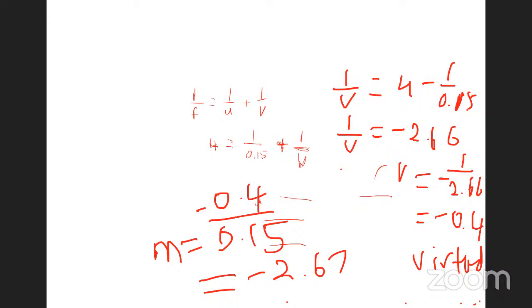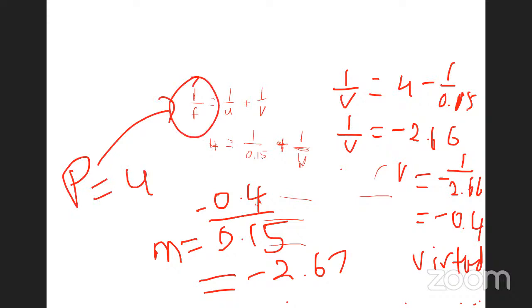So that's basically how you handle questions like this. You plug in your 1 on F. Remember, they gave you 1 on F, because power is 1 on F. So I simply replaced 1 on F with 4. And they gave me U and so on. Please remember that these values must be in meters. If you're working with power, everything must be in meters.